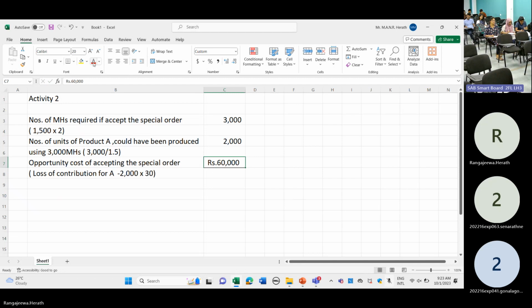The answer for part A, the opportunity cost, is 60,000 rupees. Opportunity cost of accepting the special order.